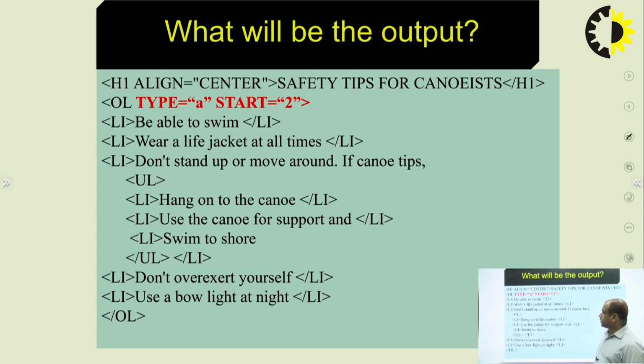Third: don't stand up or move around if the canoe tips. Next, a nested unordered list; by default it will be a bullet. Hang on to the canoe, use the canoe for support. Third list item is swim to shore. The unordered list is finished. Next list item: don't overexert yourself. Next list item: use a bow light at night. And the ordered list is finished.